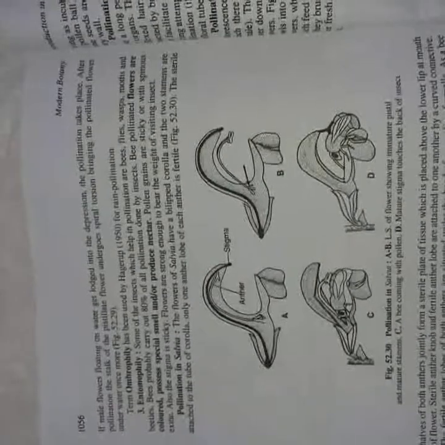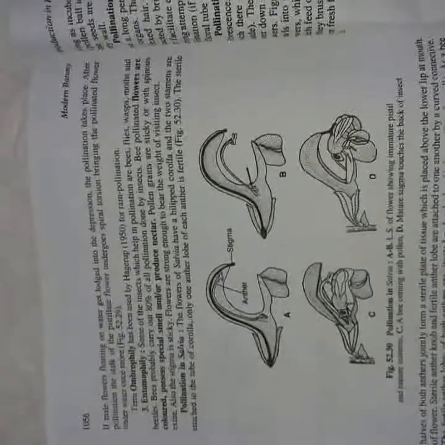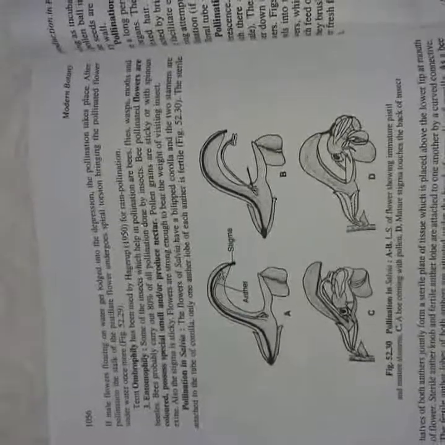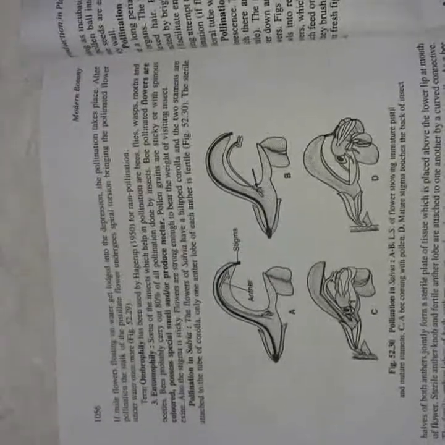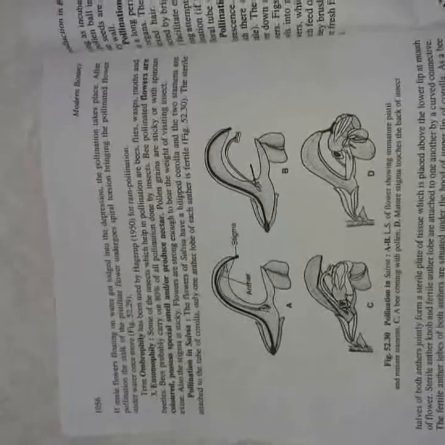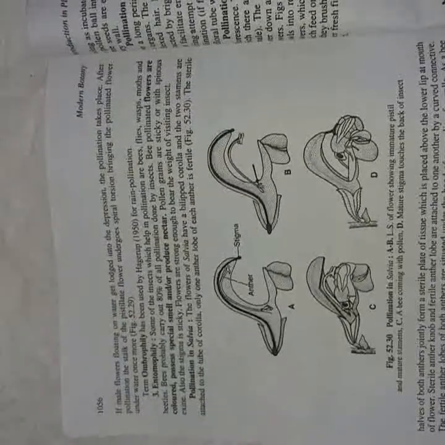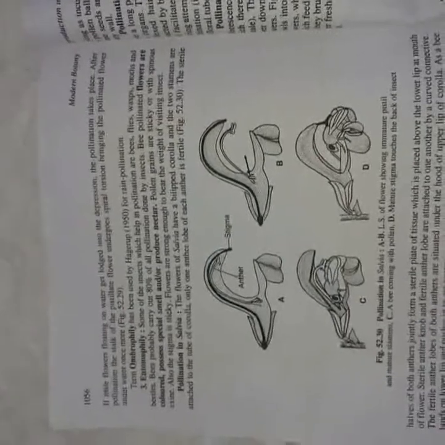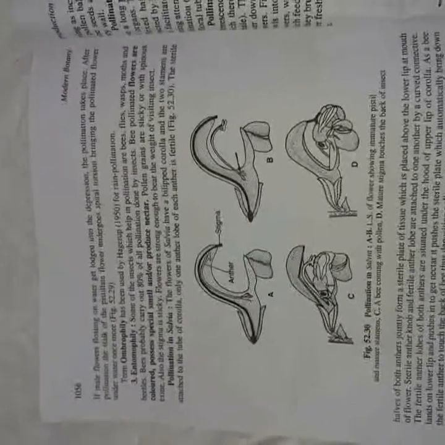Petals are colorful, bright in color, with a special smell, or the flower produces nectar which attracts the insects, and pollination is possible. So the main feature of entomophilous flowers is that they are very attractive and smelly.